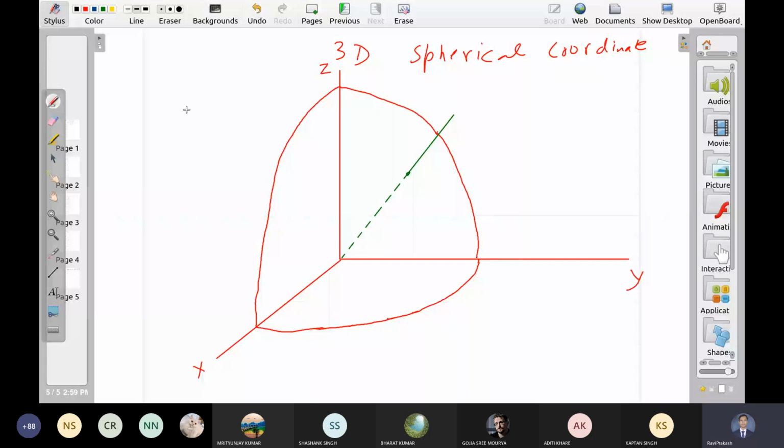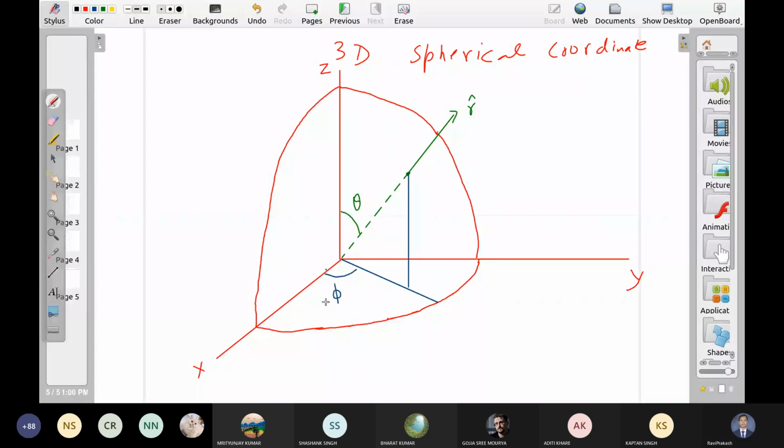Drop a projection from this point on the xy surface. इस point से xy surface पर एक projection draw कीजिए. Means draw a vertical from this point on this surface. Let us say it meet here. Then this line. This angle is called phi.